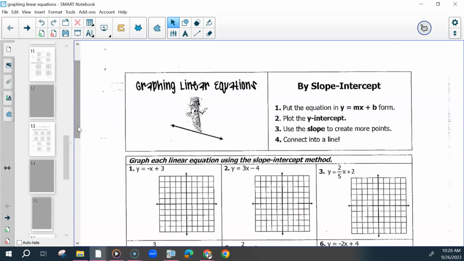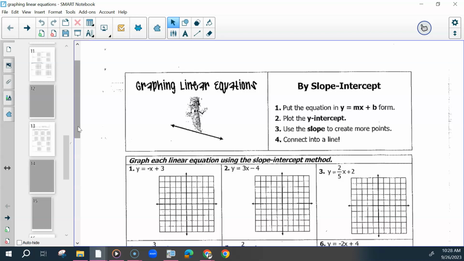As we graph these, we need to, one, make sure the equations we are about to do are in slope-intercept form. So if they're not, we have to put them in slope-intercept form. If they're already there, then we can skip that step.